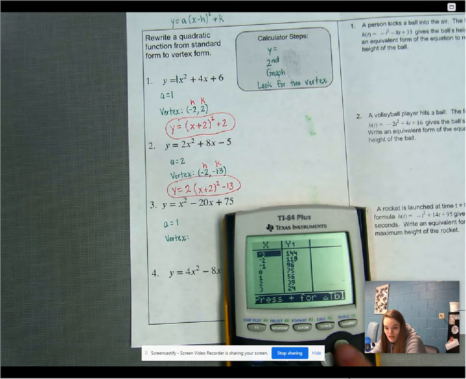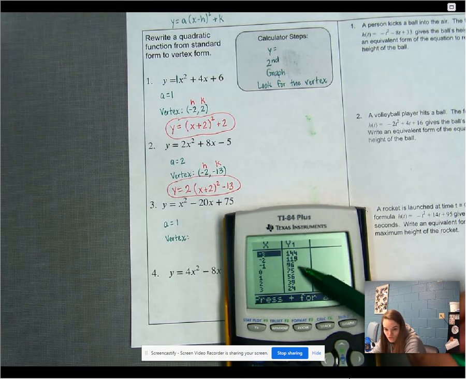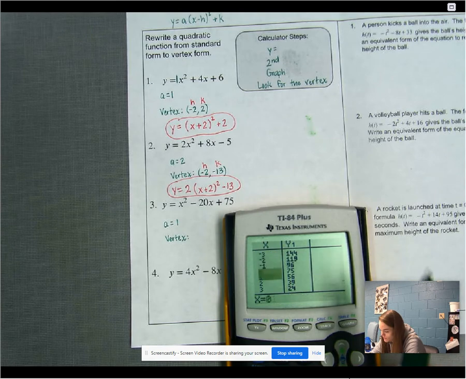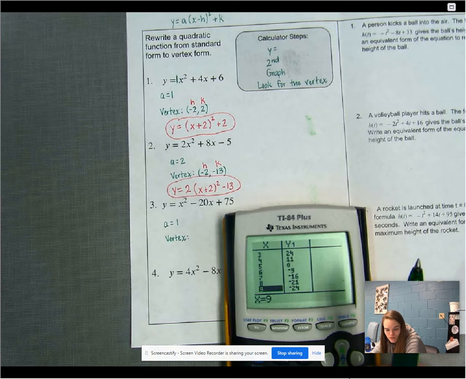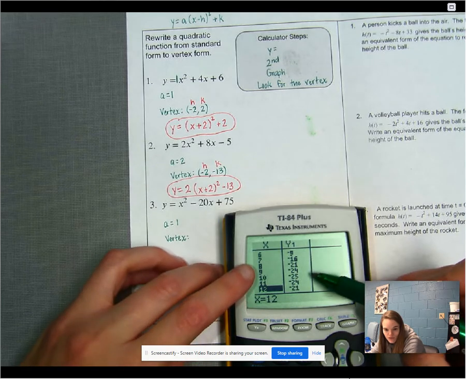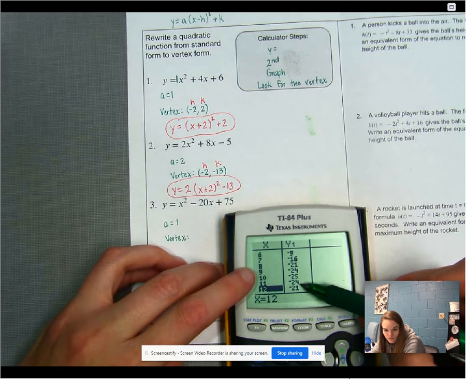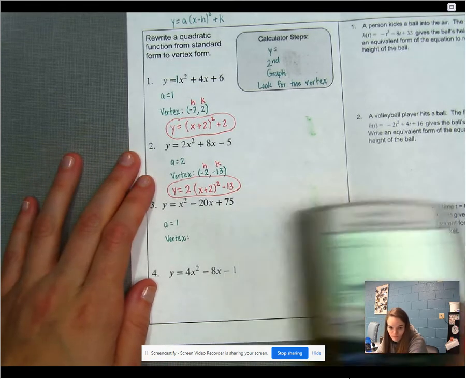Now, I'm going to tell you something. I'm not going to go up. See how these numbers are getting huge? These are getting smaller. I'm going to check this side first. No, no, no, no, no. Let's see, it might not work over here either. Oh, there it is. Negative 24, negative 24. The vertex is right here. 10, negative 25.